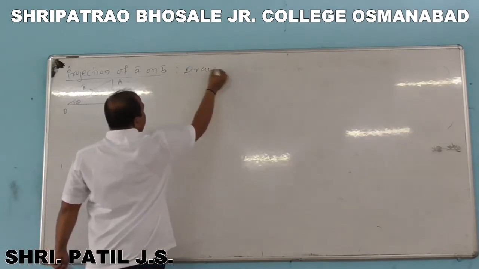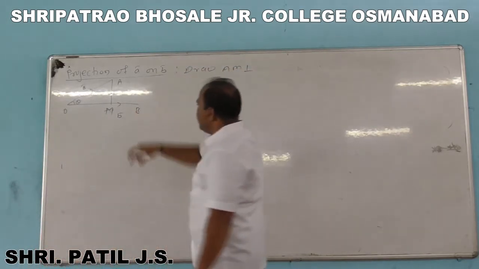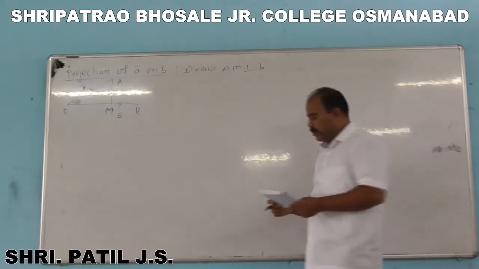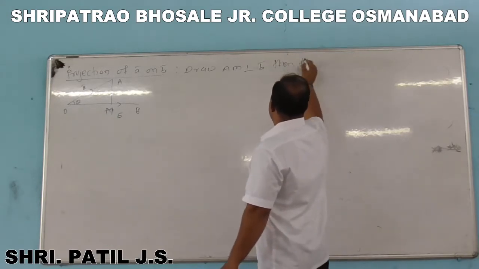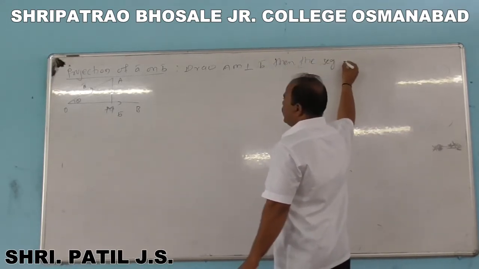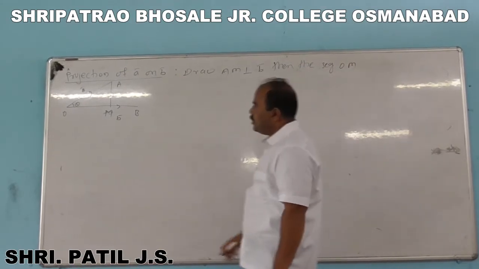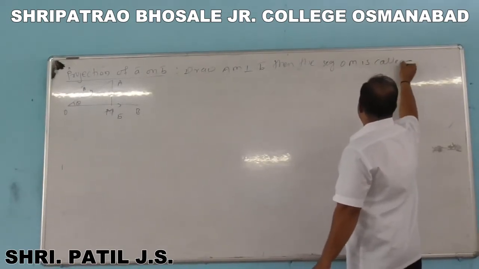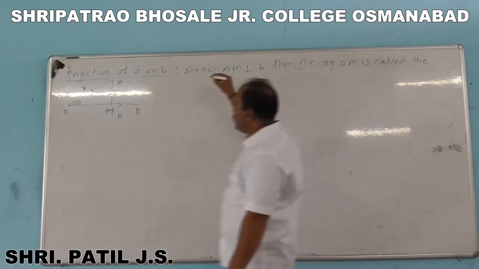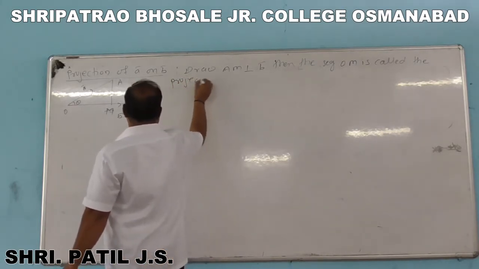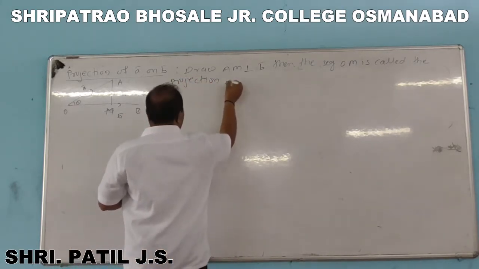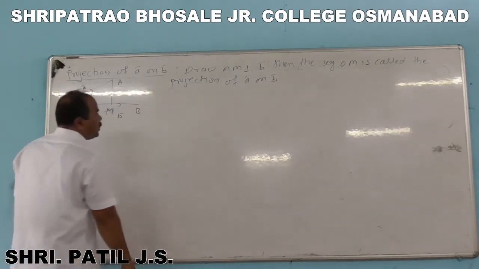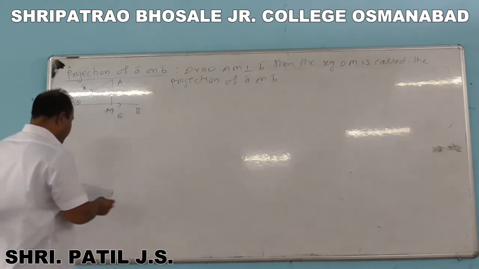Draw AM perpendicular to b1. Then the segment OM is called the projection of a1 on b1.